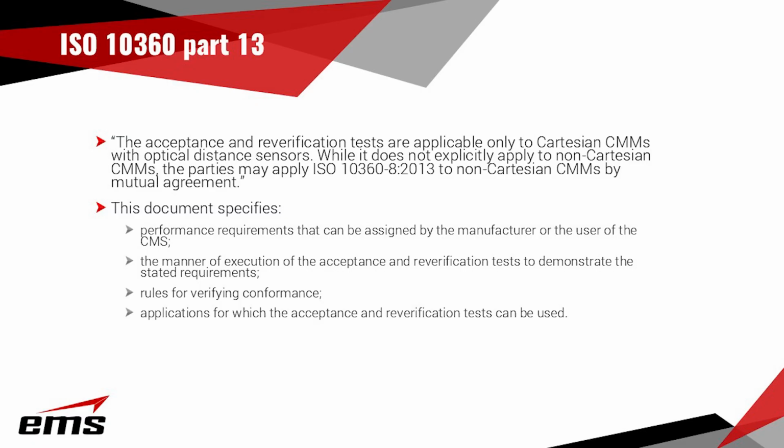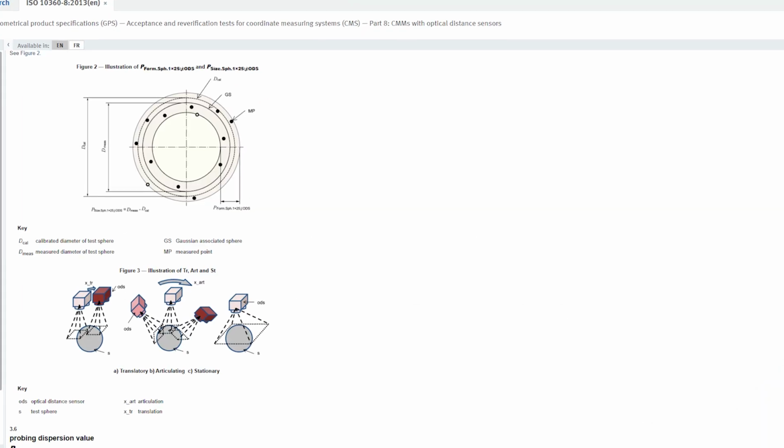Okay, and so what does mutual agreement mean? Well, is there a mutual agreement out there among these other manufacturers? The short answer is I don't think so. But they're basically saying you can use this standard, and some people do, and they will reference it.